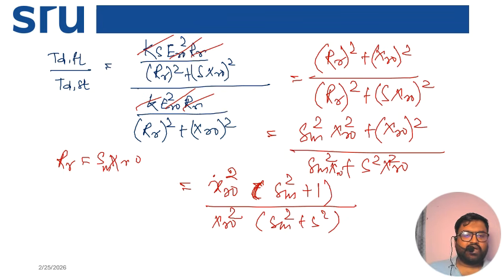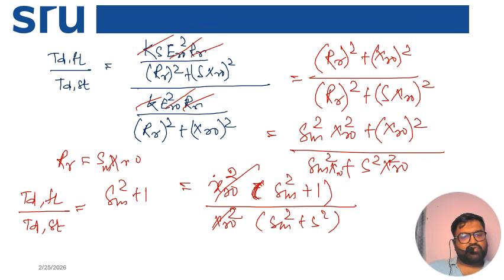Then these two cancel out. Then what you can get: TD FL by TD ST equal to SM square plus 1 divided by SM square plus S square.